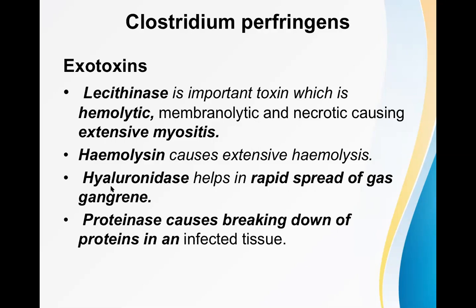So hyaluronidase will break hyaluronic acid, which helps in rapid spread of the gas in that surrounding area, and proteinase will break down the protein in an infected tissue. So in one sentence, we can wrap this up like this: not only alpha toxin or lecithinase, so many other additional toxins are also produced by Clostridium perfringens, and they can help in the pathogenesis of the disease.